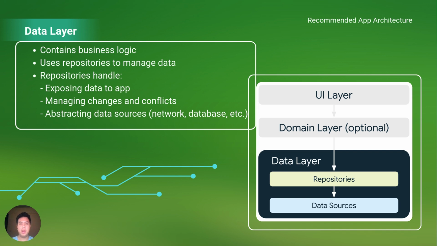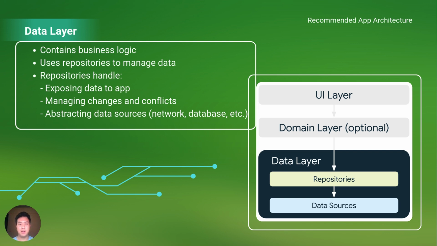Repository classes are responsible for the following tasks: exposing data to the rest of the app, centralizing changes to the data, resolving conflicts between multiple data sources, abstracting sources of data from the rest of the app, and containing business logic.